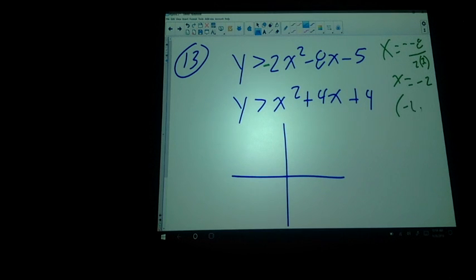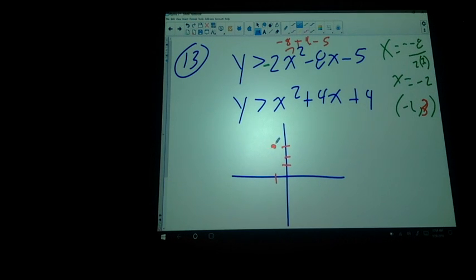So if I take negative 2 and plug it back in, I get positive 4 times negative 2 is negative 8, plus 16 minus 5. So I get 16 minus 13, which is positive. Should be positive 3. Cool. So we got 3. So negative 2 and positive 3.